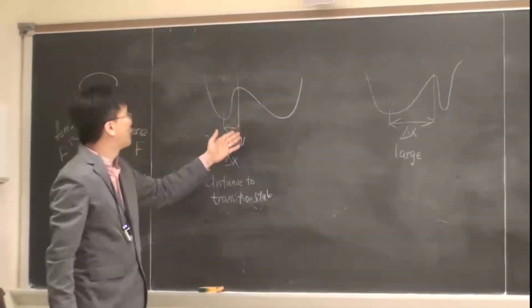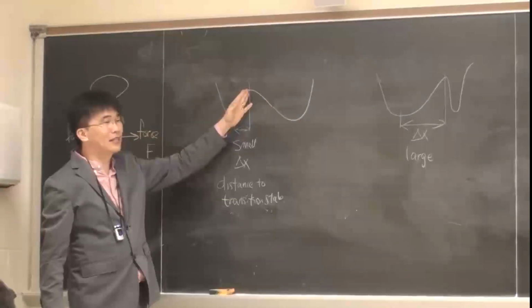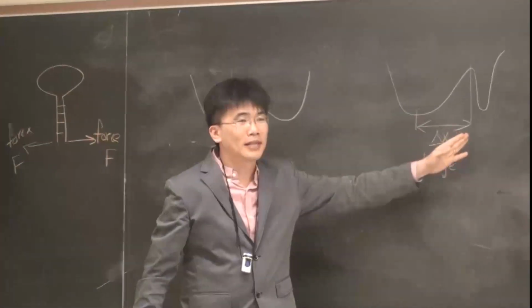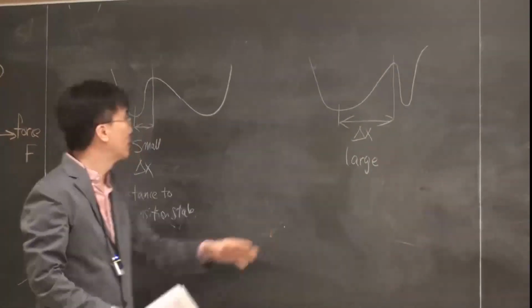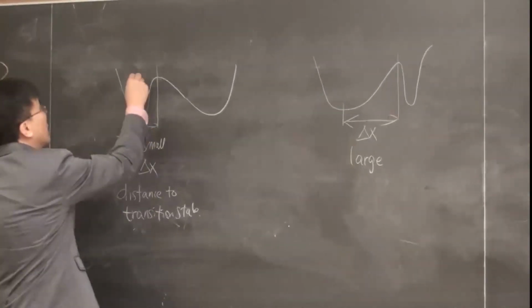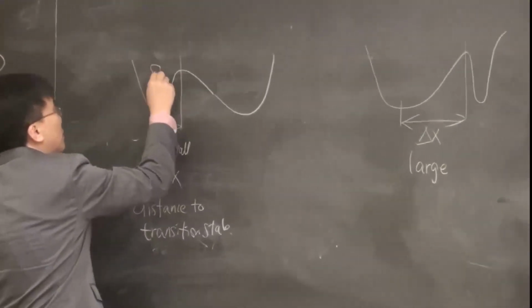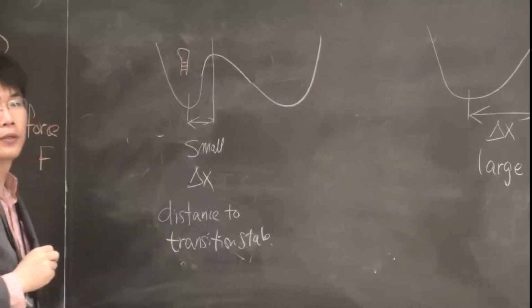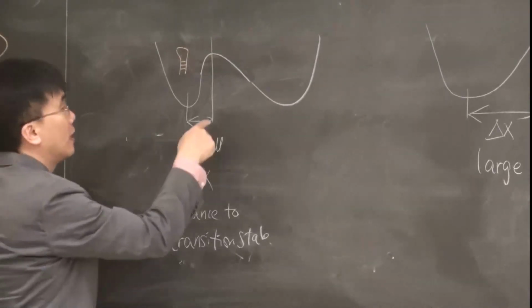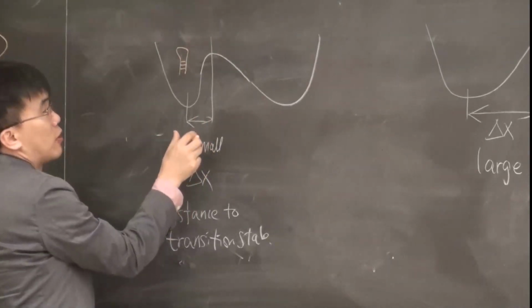For example, you may have a transition state that looks like this, or that looks like that. So for something like this, this is the hairpin that you have, right? And then there's a small separation to the transition state.